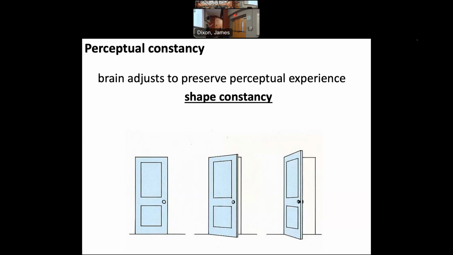I realize it's hard to imagine. But you don't consider that as a possibility. You don't go, oh, look at that, the door is changing shape in front of me. That is attributed to your perceptual system, and is probably what they're trying to describe when they say shape constancy. It's the fact that you don't consider that as an option.